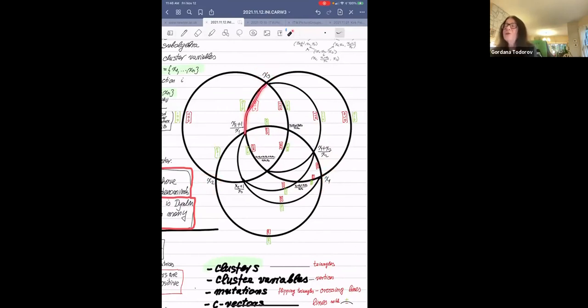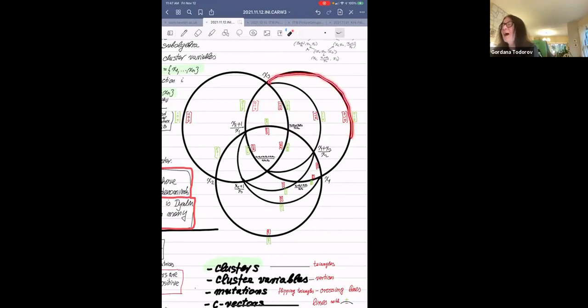Each of the triangles corresponds to a cluster. Going from one triangle to another triangle corresponds to mutating a cluster variable from this cluster to a cluster variable now in this cluster. So this is just cluster algebra terminology.